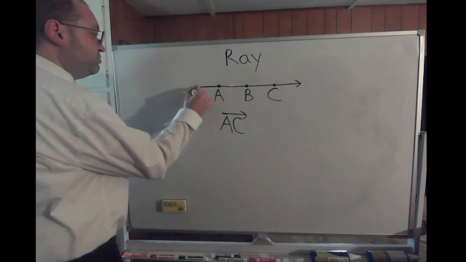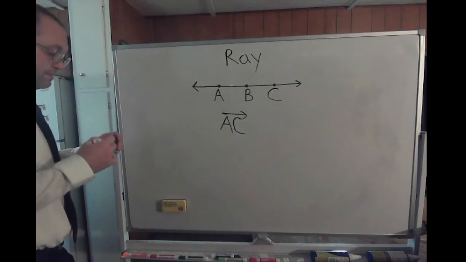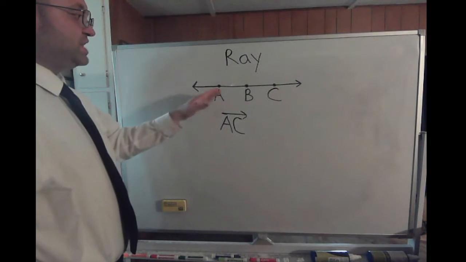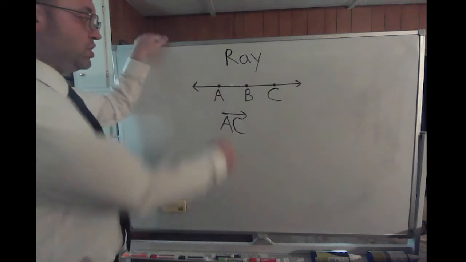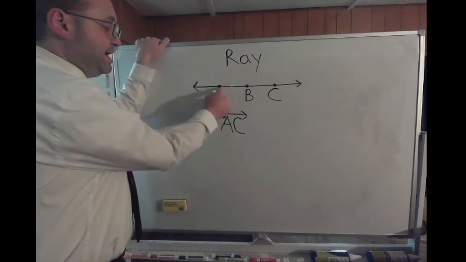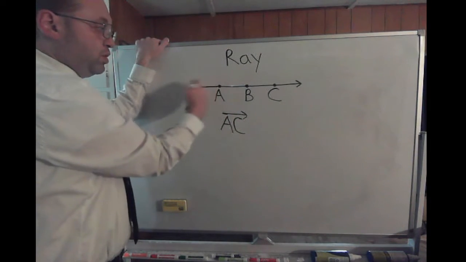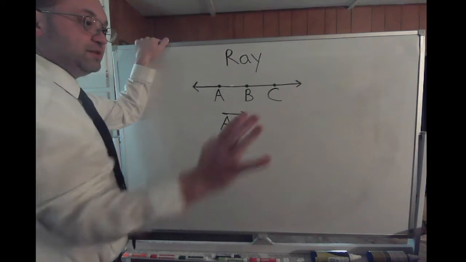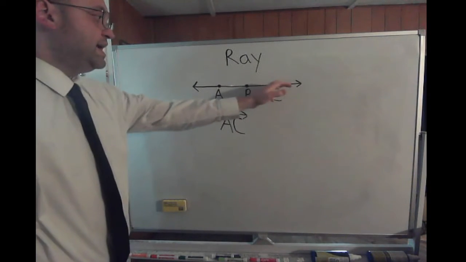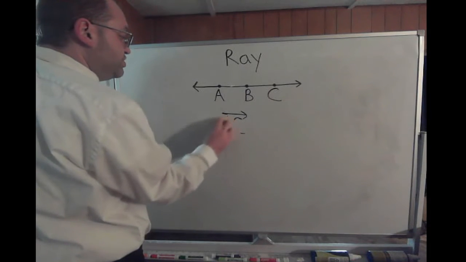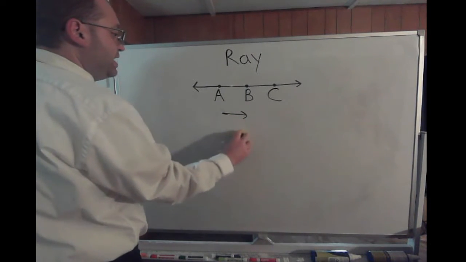And we could still make this a whole solid line because let's just say we take the line, we start at A, we make A our starting point and go through C and beyond. We don't worry about what's to the left of A, that's still a ray. We can still denote ray AC from this line. Or you can also do what's called an opposite ray.